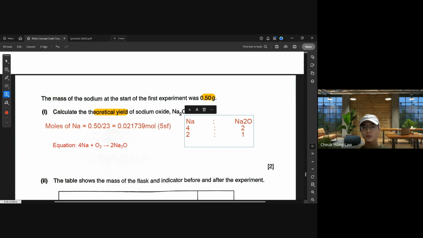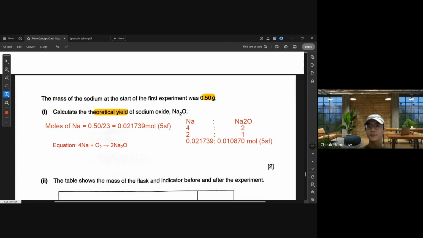So the actual mole of sodium is 0.021739, which brings the actual mole of sodium oxide to be that divided by 2. Okay, because the mole ratio is 2:1, so I have to divide by 2. And this is the number of moles I got, to 5SF. So I'm using 5SF so that I can have more accurate calculations.